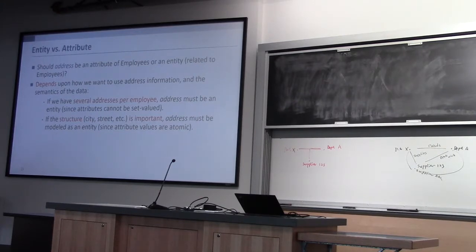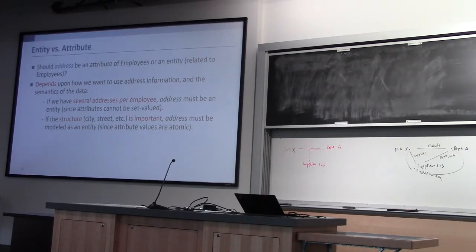You can have, for example, street name, apartment number, state, country. These are structured information about your address if you model address as an entity. So those are the benefits that you will have if you go with an entity, right?